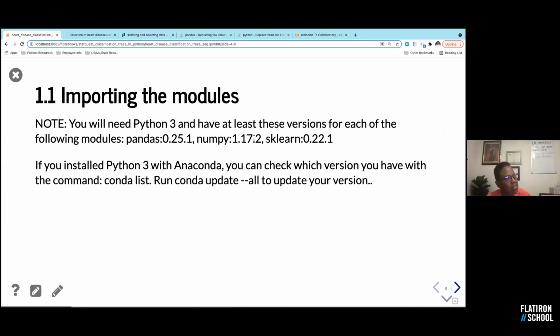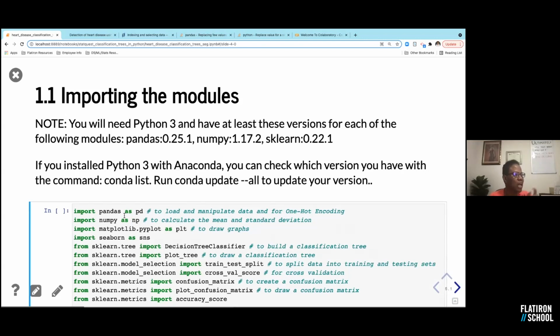When you get the copy of this file, which I will share with you, if you want to compare your results to mine, make sure that you have all the latest versions of pandas, NumPy and sklearn. So you're going to have import pandas, matplotlib, Seaborn. Fortunately, all of these are open source, so you don't have to pay for them, which is really good.